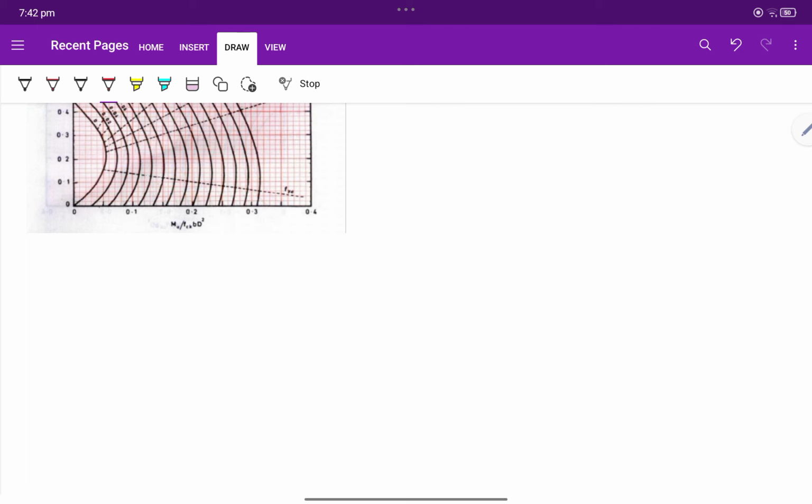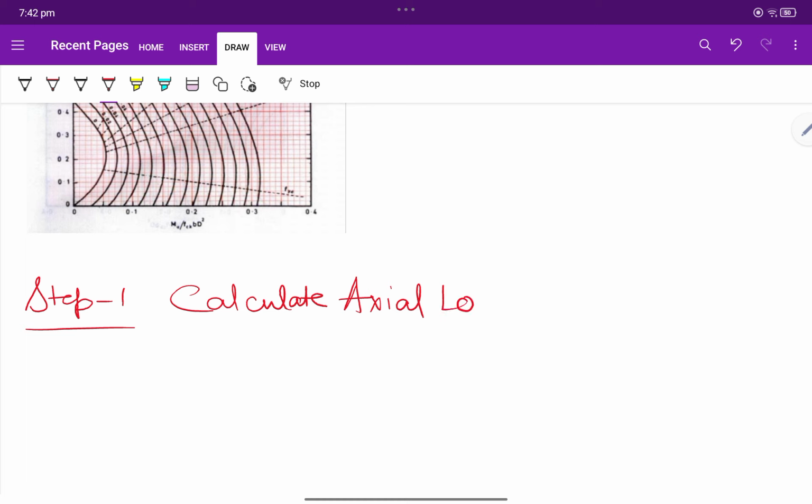So the step one is calculate design axial load and uniaxial moment. We have to calculate the axial load, bracket design, and uniaxial moment.